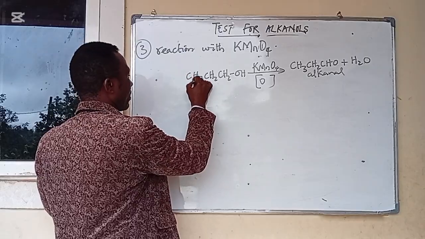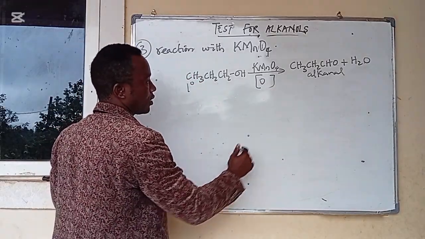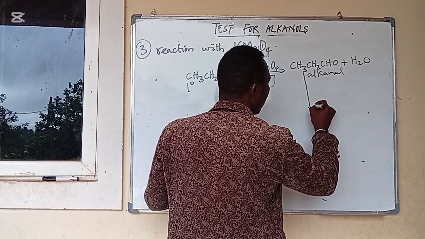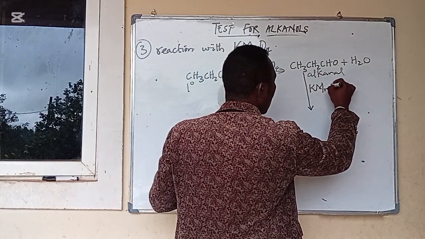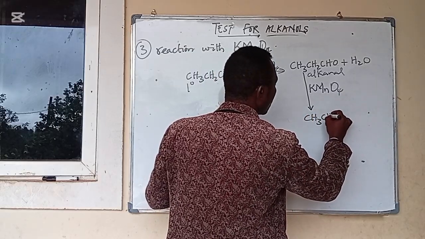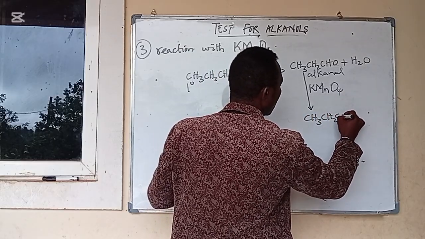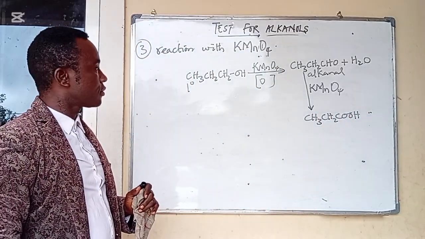That is a primary alkanol oxidized to alkanal. Now this alkanal can be further oxidized. If you add another KMnO4, you have CH3CH2COOH. It will give you alkanoic acid.